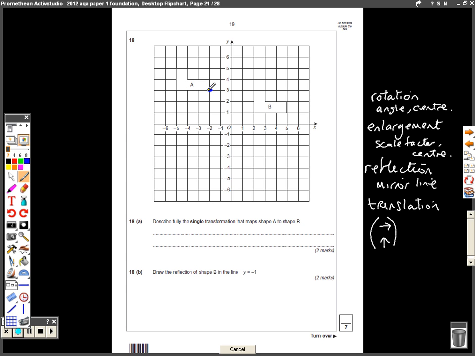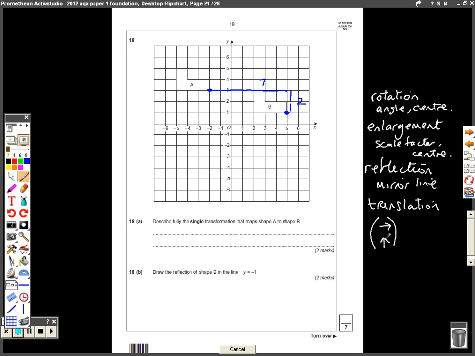And if I take the same corner on each shape, I can see that shape A has been moved by 1, 2, 3, 4, 5, 6, 7 to the right, and then it's moved down by 2.